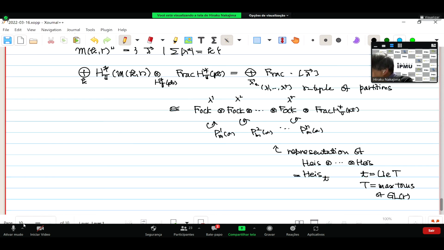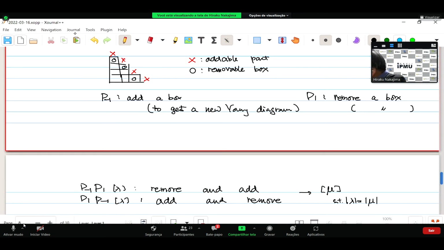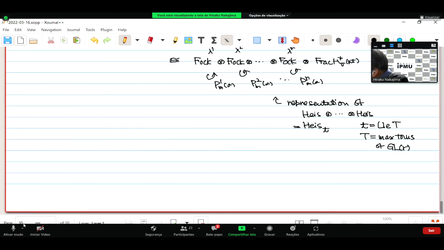But if you look at this picture, you find that it is more natural to consider GL_R instead of SL_R. That is one reason why I considered the symmetric power of C2 as the Uhlenbeck space for U(1).